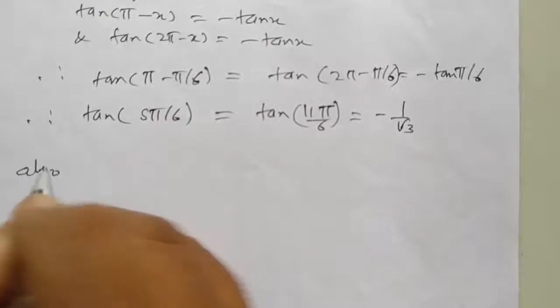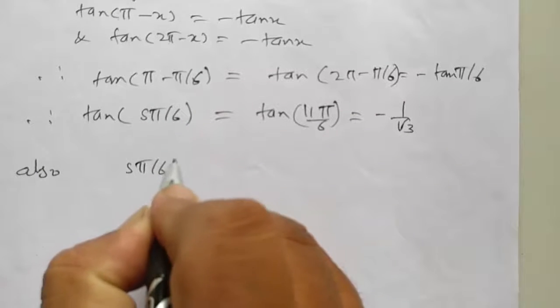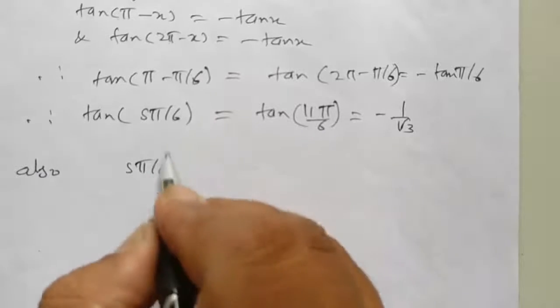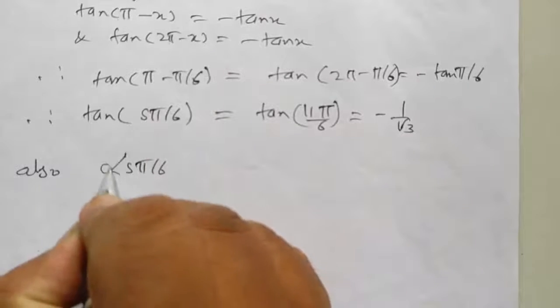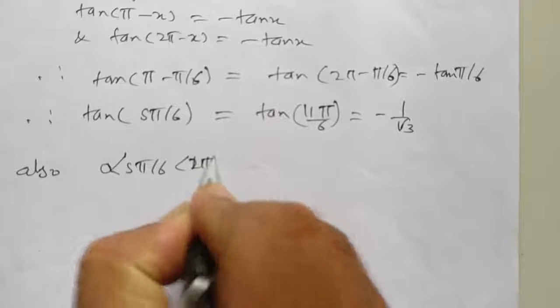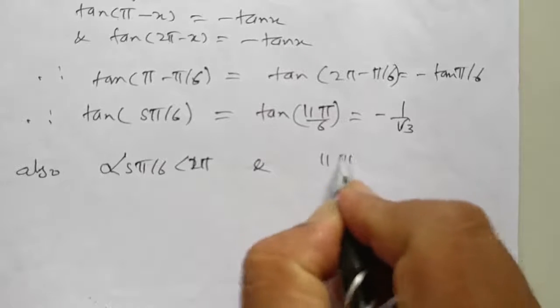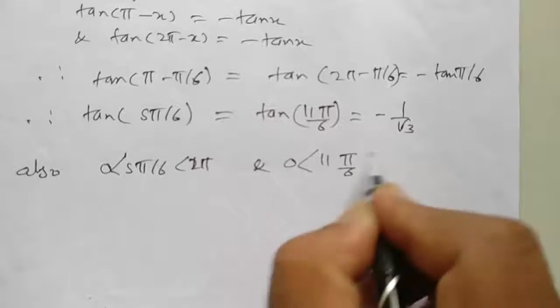Also, 5 pi by 6 is greater than 0 and less than 2 pi, and 11 pi by 6 is also less than 2 pi.